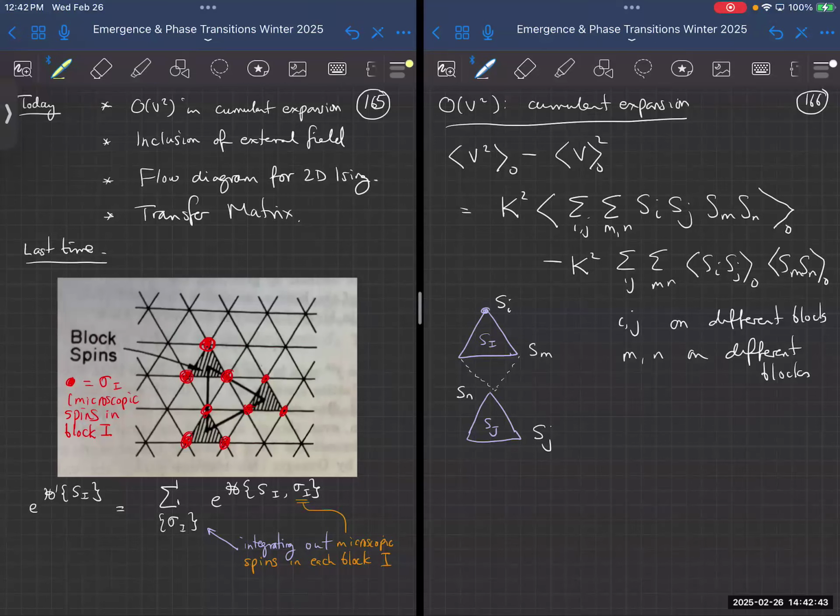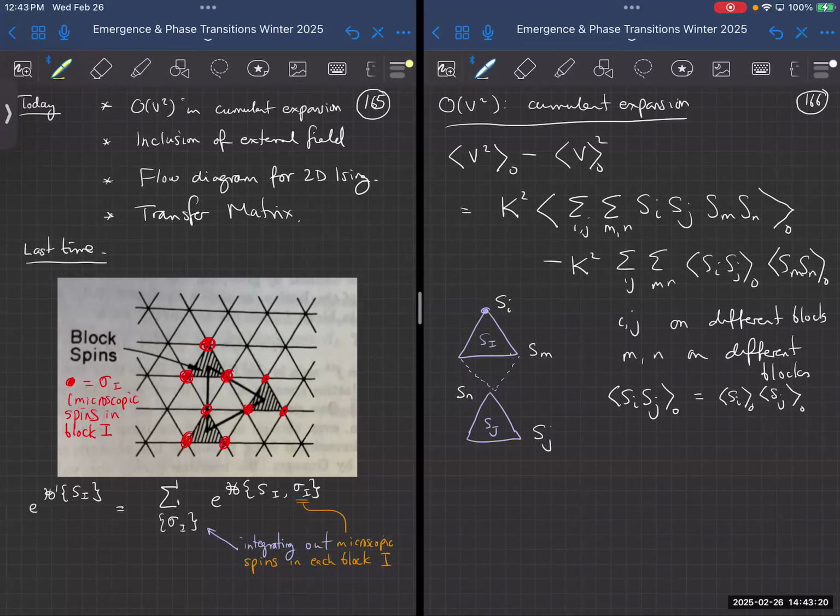Okay. So now let's have a look at this expectation of Si Sj, with subscript 0. Okay, so that's the term that you're asking about, for example. Because they are independent, remember that when I'm taking this angle bracket, it's just with respect to the Hamiltonian on the block spin that they are in. That's what the expectation of zero means. So this factorizes. So this is the expectation of Si times the expectation of Sj.